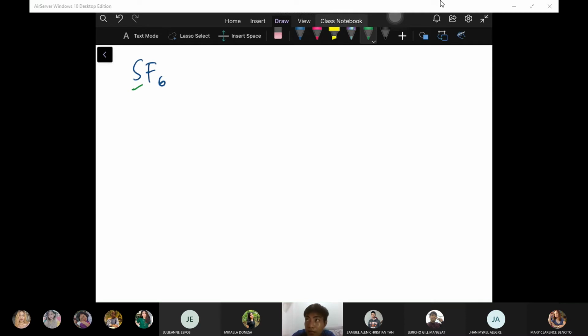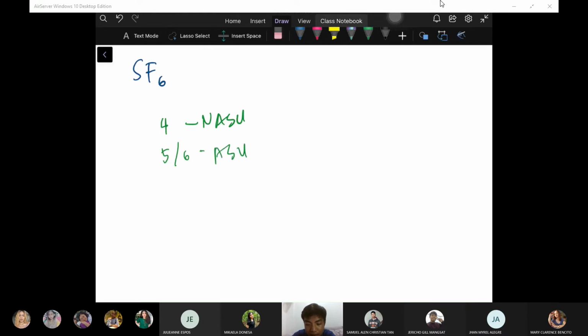And sulfur is in third period. Sa baba siya ni oxygen. So, pwede akong mag-ASU dito. And also take note na may 6 akong terminal atoms. Kapag 4 yan, pwede pa yung NASU dito. So, pag 4 yung terminal atoms mo around your central atom, pwede pa yung NASU. Pero, pag lagpas na sa 4, kunwari 5 or 6 na yan, ASU na lang.